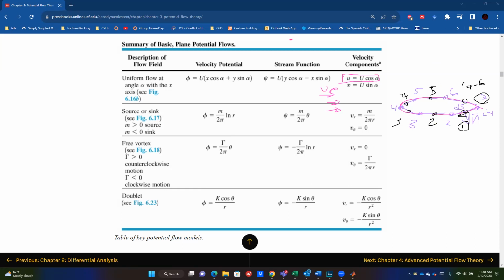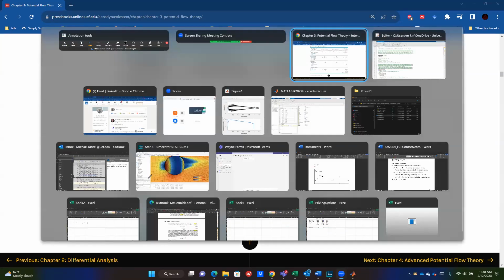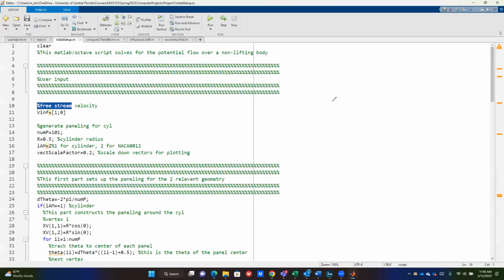So this is the gist of what we're doing. At each one of these control points, we have a source, and it's spewing fluid out. We combine this source with the free stream velocity at all the points to ensure flow tangency. Okay, so what do we do here? When we do this in actual code, this is the process.